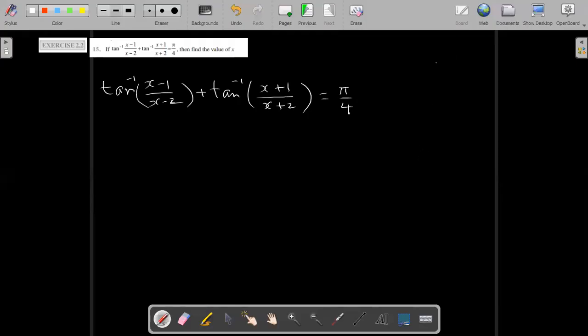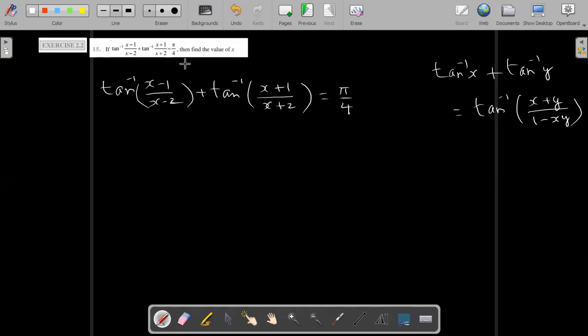Now, if you have tan inverse x plus tan inverse y, it is equal to tan inverse of (x plus y) by (1 minus xy).